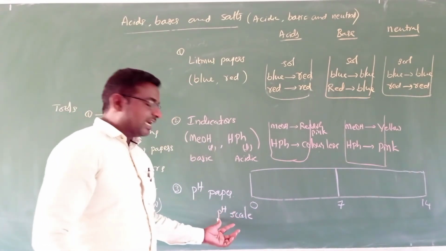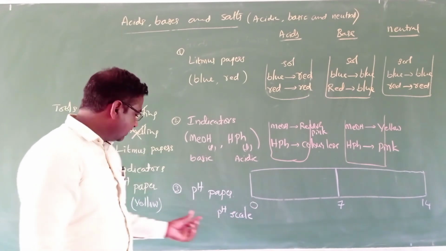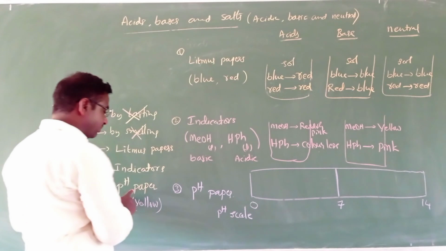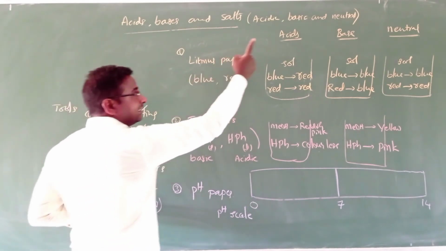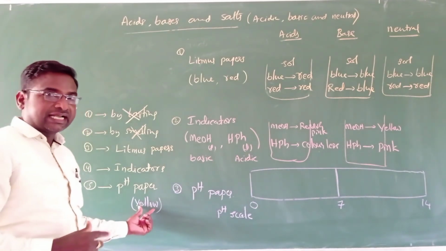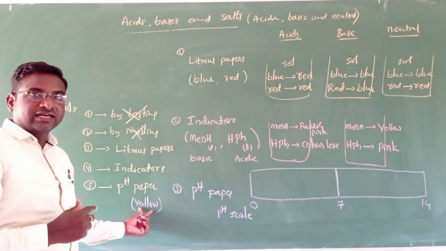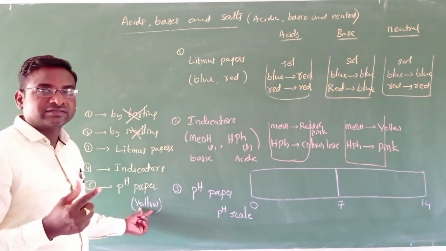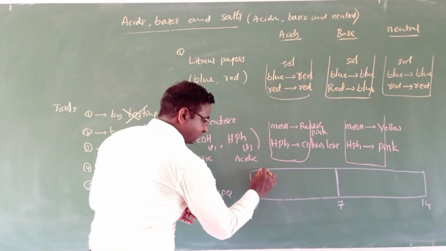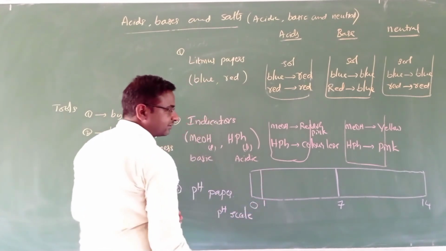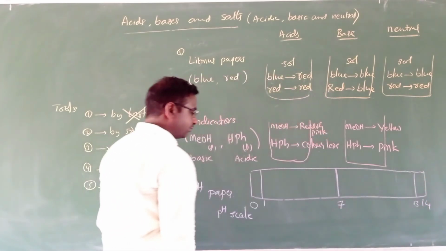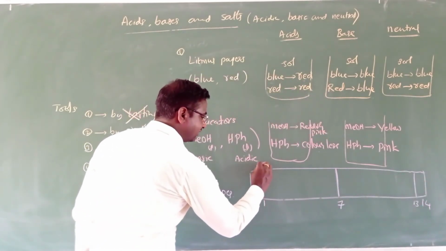If this yellow pH paper is dipped in an acidic solution, the pH paper, which is actually yellow in color, changes its color. So here different colors are there. For example, 0 to 1 is actually red color.